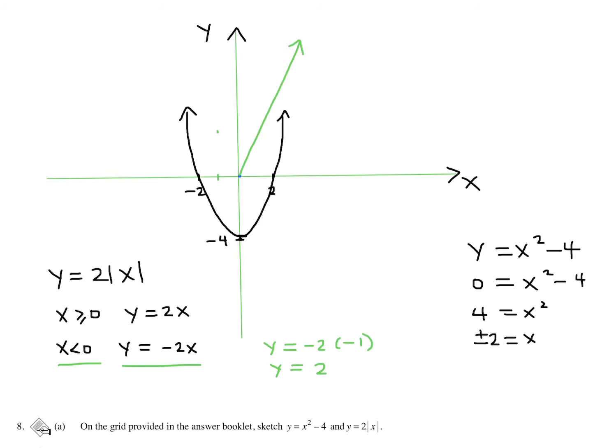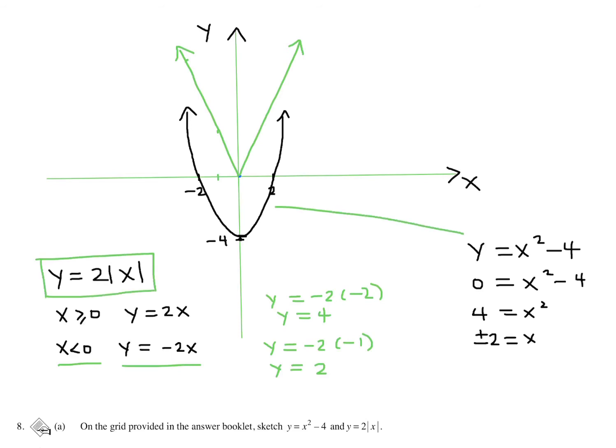And when x is negative 2, it'll be negative 2 times negative 2, which is positive 4. So it'll be approximately here, and this part will be like that. So that is the graph of y is equal to 2 times the absolute value of x. And this parabola is the graph of y equals x squared minus 4.